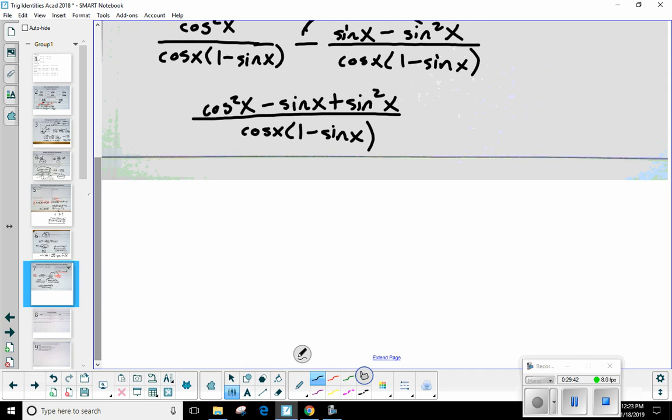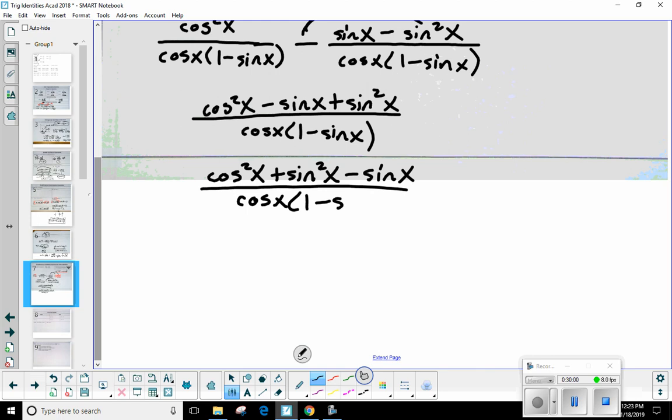Okay. So some people have already seen where we're going. Is everybody okay? Let me do this. Let's say you don't see what it is they're talking about. Let me rearrange the terms. Cosine squared of x plus sine squared of x minus sine of x over the cosine x 1 minus sine of x. Now remember, I just rearranged the terms.